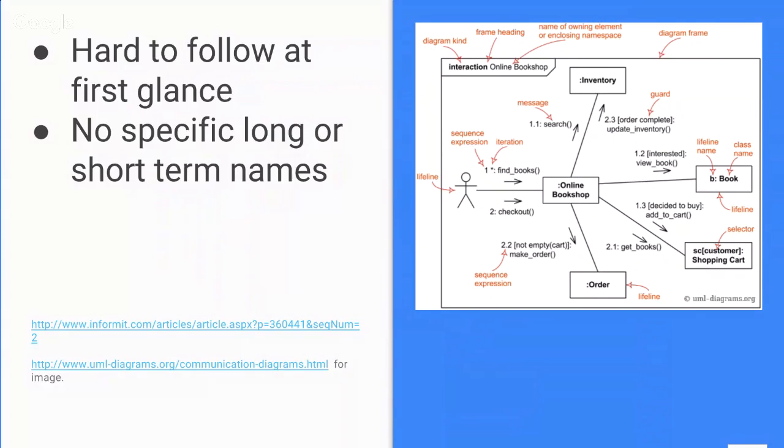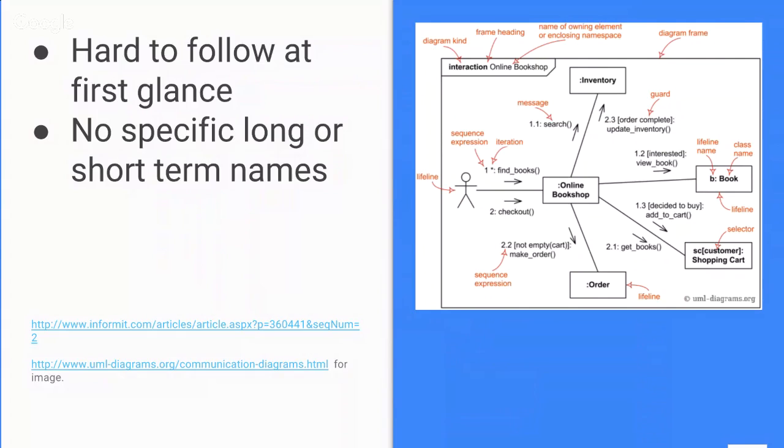I didn't add one to this presentation, but to put the name in that same box at the upper left-hand corner of the diagram, you would simply change the word interaction to the letters SD. In that way, you have the naming systems. So again, hard to follow at first glance, naming systems, and you really do have to pay attention to the numbers attached to the messages between the boxes so you're able to read the entire diagram.